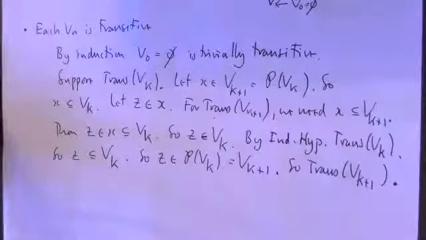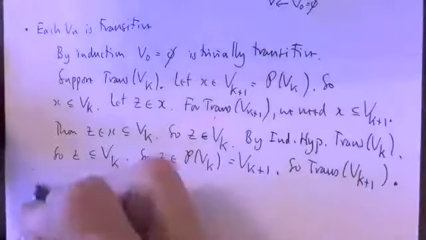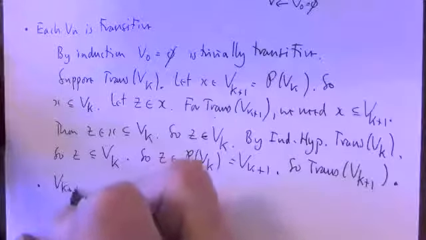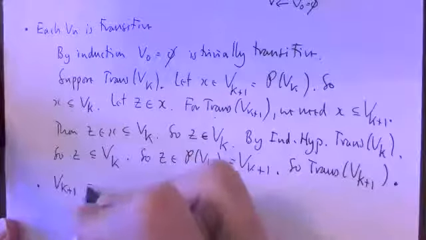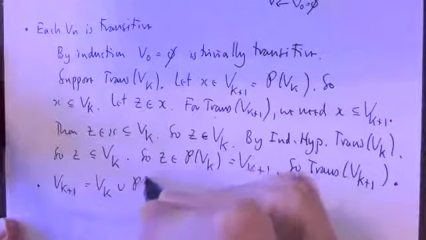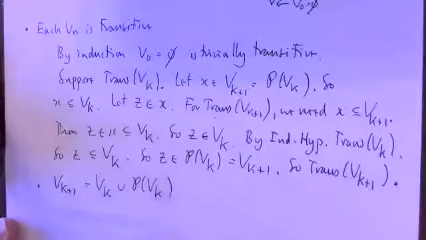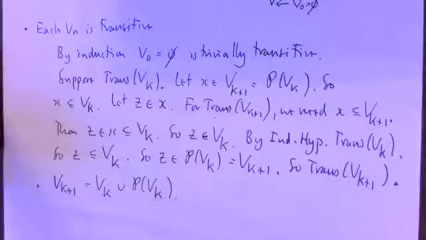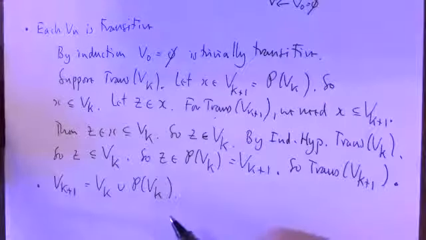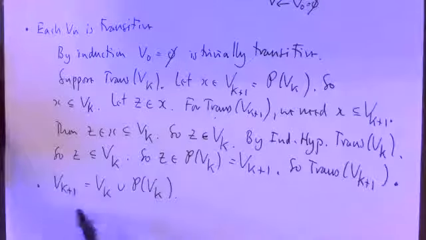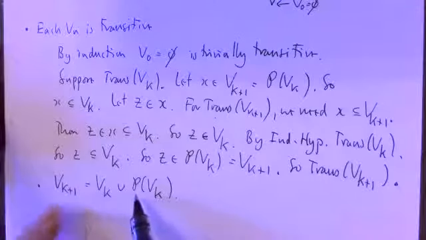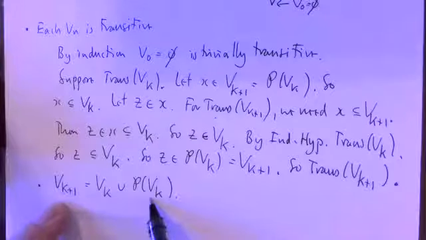So now we've got that V(k+1) here is indeed Vk union the power set of Vk. So it's not true in general that... well, let me say that afterwards. So actually here, if we want to prove this, notice that this, of course, just is this.